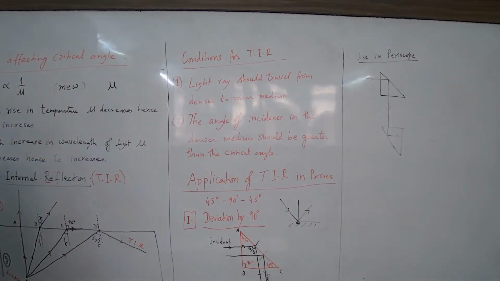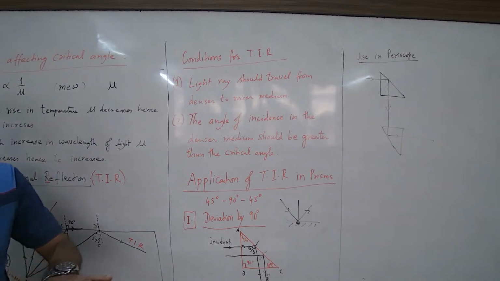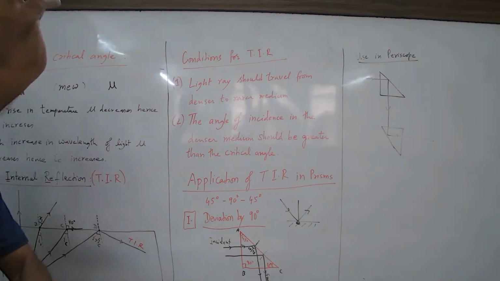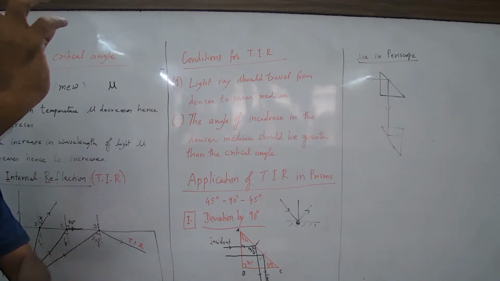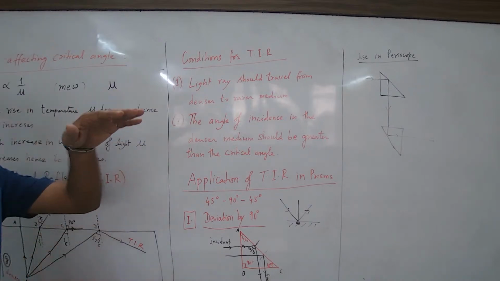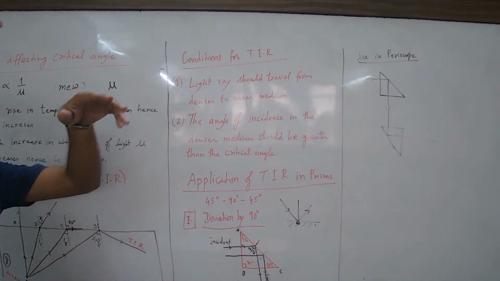Everybody knows what periscope is used for? No? So like ship, you have submarines underwater, right? So captains, what do they use? They use periscope. There is some device which rises above the water, not the whole submarine, and then they can see the enemy ship. Because if the whole submarine is out, the enemy can see you.